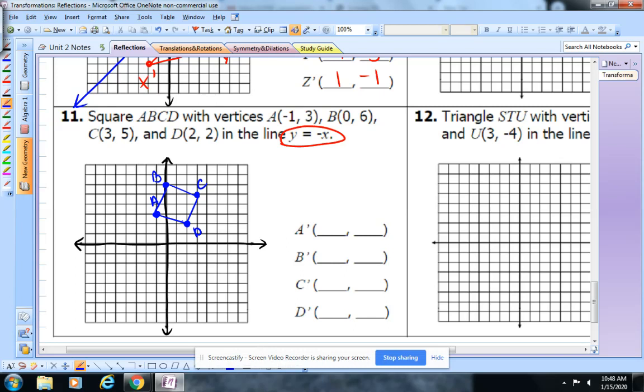And when you draw your little square, look up at me and give me a thumbs up so I know that we're at the same place. Good.